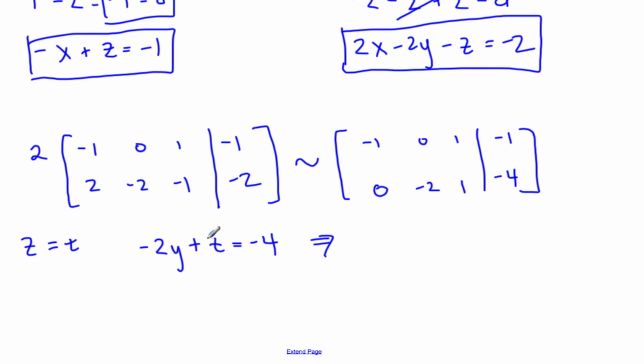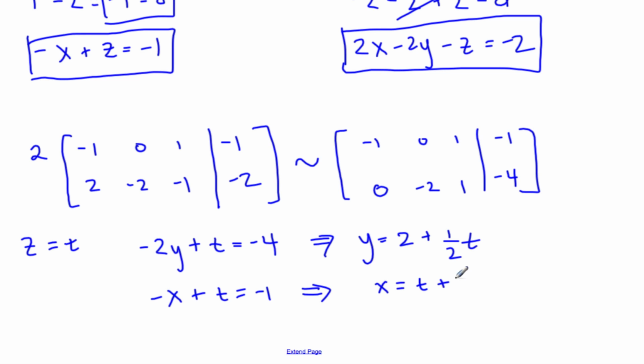And move everything away from y, and we should get, looks like y is equal to 2 plus 1/2 t, I believe. And then let's do it again for x, so that's minus x plus z, but z is t again, equals minus 1. And we get x is equal to t plus 1.